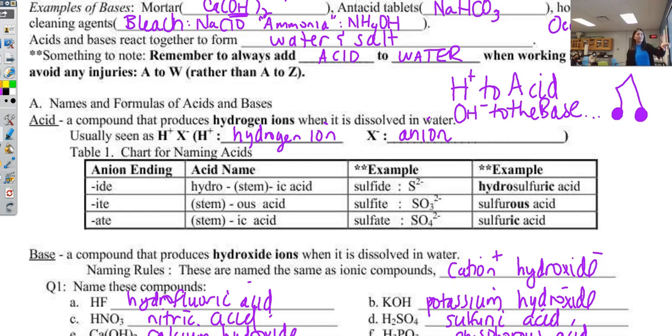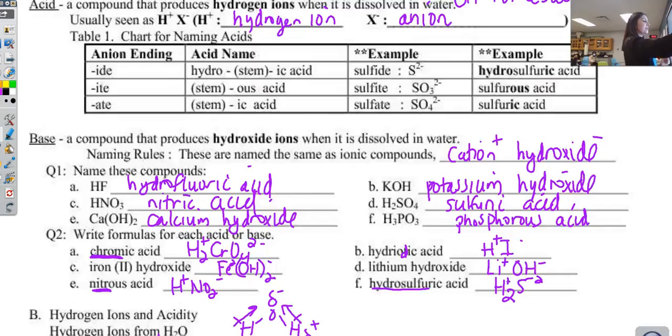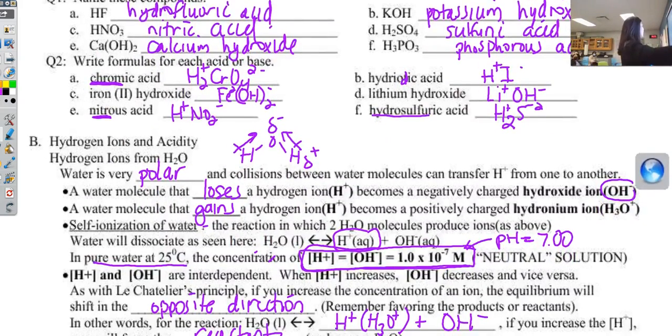People have different ways of remembering that, but if it ended in ite, you make it ous, so sulfite would be sulfurous acid, and if it ends in ate, you change it to ic, so that would be sulfuric acid. Just making sure that you know how to name those.